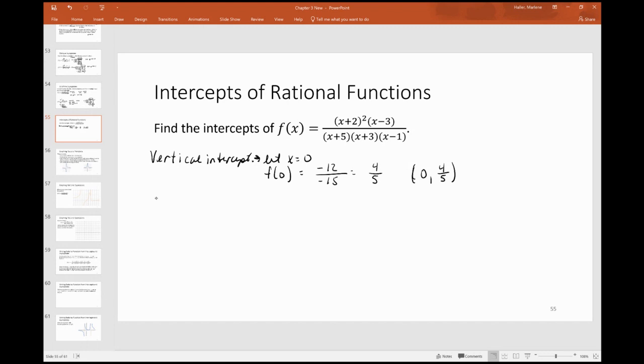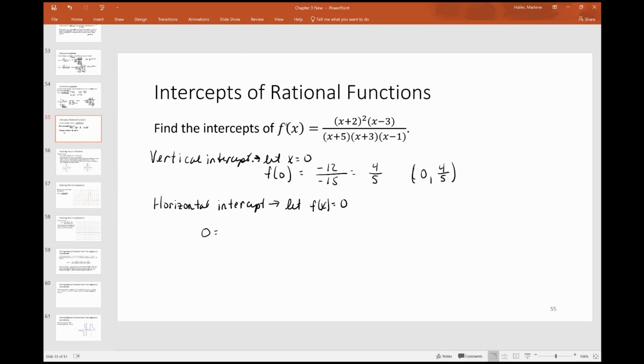Now, to find the horizontal intercept, we're going to do it the way we do with all other functions, except it's easy. We can kind of forget about the denominator, right? Because to find the horizontal intercept, we let y, or f of x, equal 0 and solve for x, right? Well, if f of x equals 0, look what I'm doing. I'm saying 0 equals all of this. The first thing I would do would be multiply to get that denominator gone.